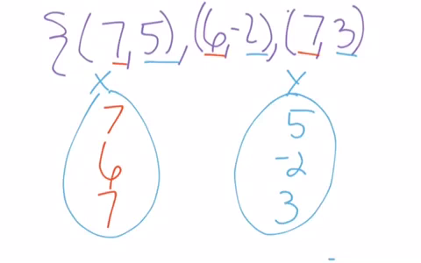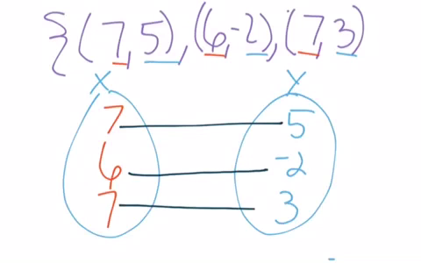Okay? So let's match these up. We have 7 going to 5. And then we have 6 going to -2. Then we have 7 again going to a different pair. So, in essence, we wouldn't write this 7 down again because we already have a 7 in here.